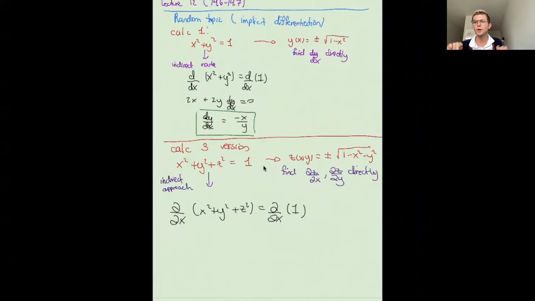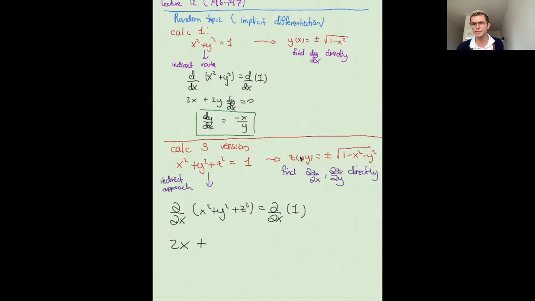And now, how do you find the partial derivative? It is the same as before. It's 2x, right? Here comes the important fact. This is a partial derivative with respect to x. In this context, y is independent of x because x and y are being regarded as the independent variables now.